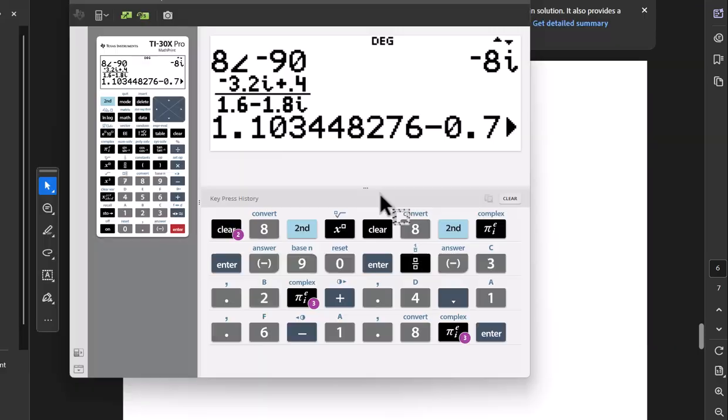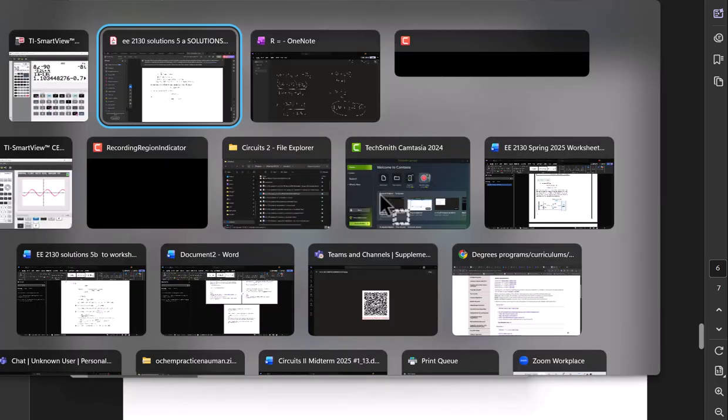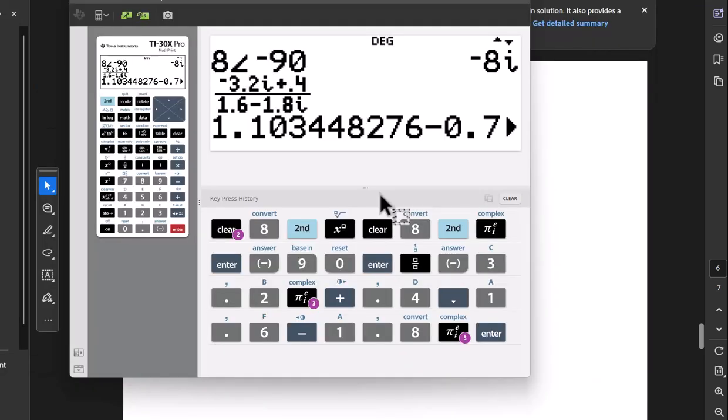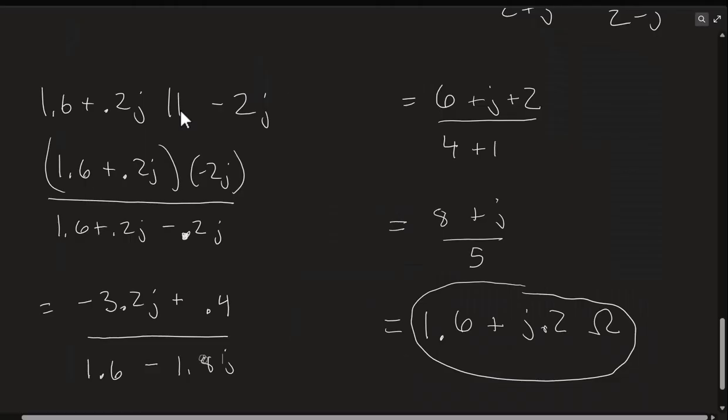And that's right. Yeah. Okay, so that gets us 1.1 minus 0.76j.